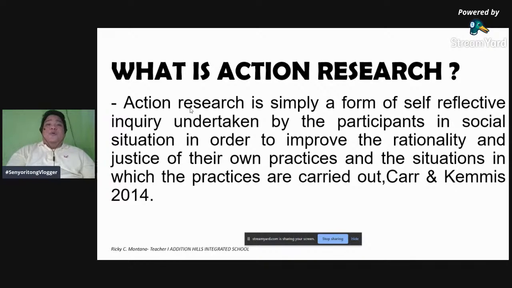For example, as a teacher, you may want to reflect on a particular strategy in the classroom setup, to evaluate whether it is effective or not, or what are the ways to improve your teaching strategies in the classroom, and different programs.